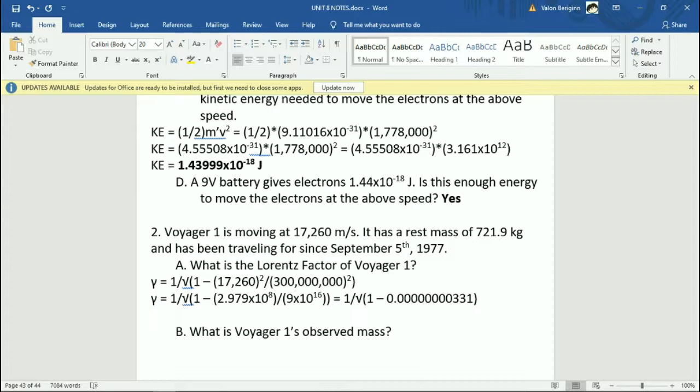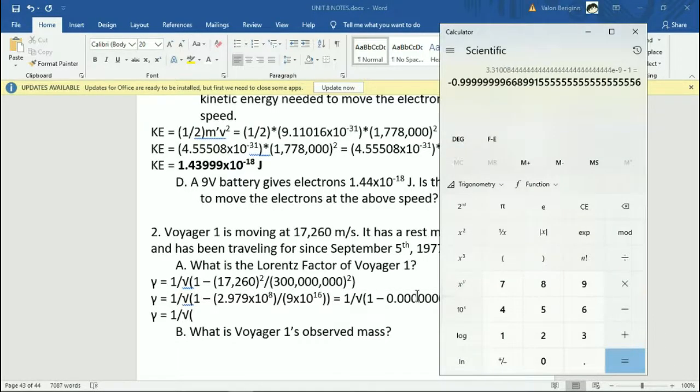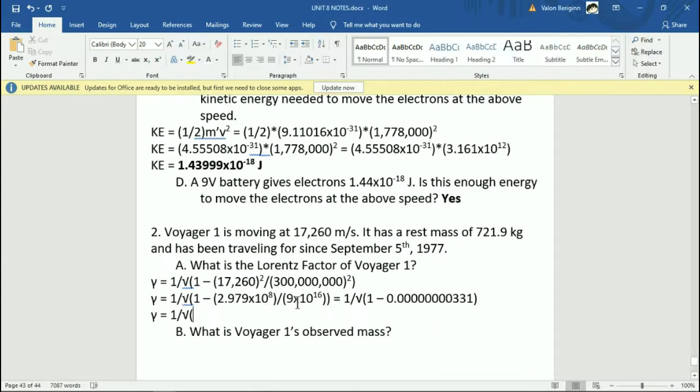So that was the wrong one. That one. Okay, so 1 over the square root of 1 minus this. That's a lot of 9s: eight 9s, and then 669.